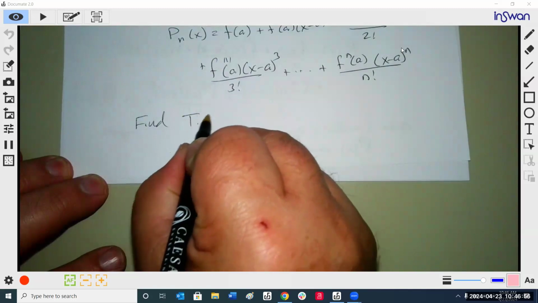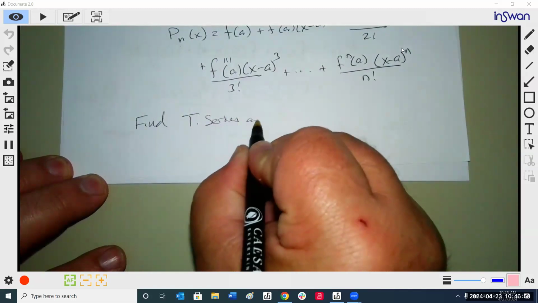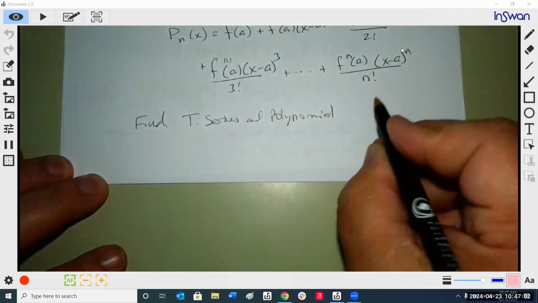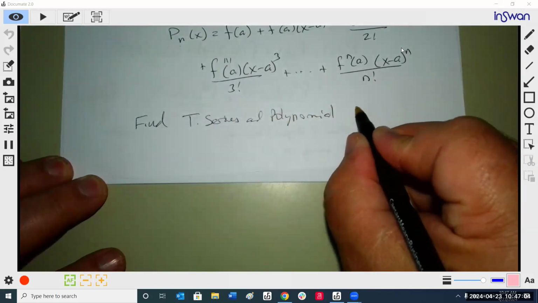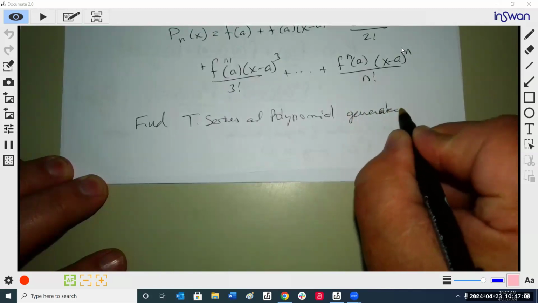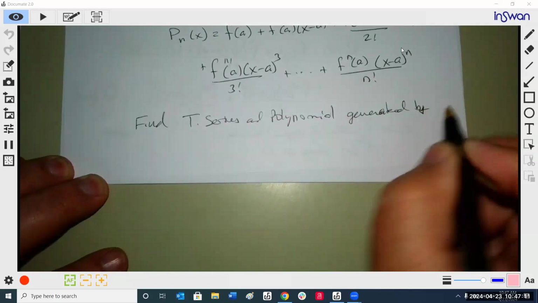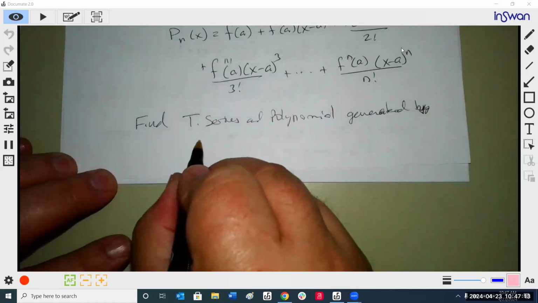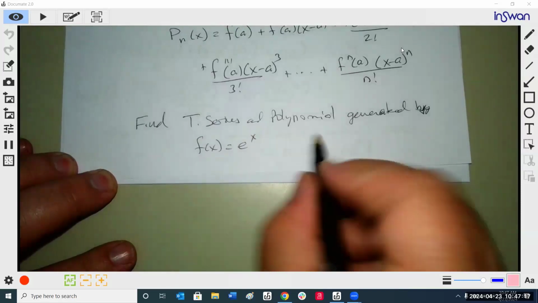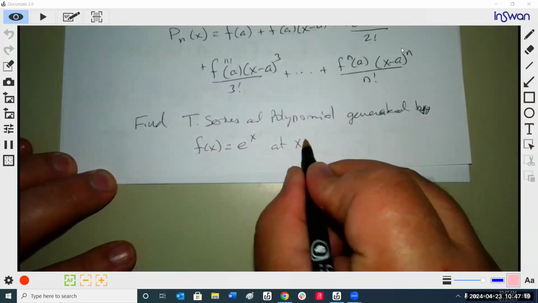Find the Taylor series and polynomial generated by f of x equals e to the x at x equals 0.